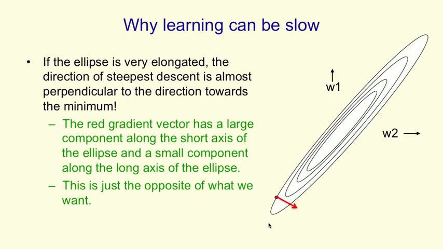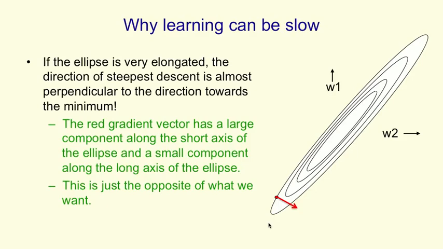If you look at the red arrow in the picture, the gradient is big in the direction in which we don't want to move very far, and it's small in the direction in which we want to move a long way. So the gradient will quickly take us across the bottom of that ravine, corresponding to the narrow axis of the ellipse, and it will take a long time to take us along the ravine, corresponding to the long axis of the ellipse. It's just the opposite of what we want.